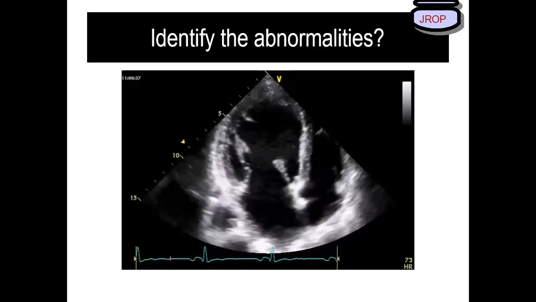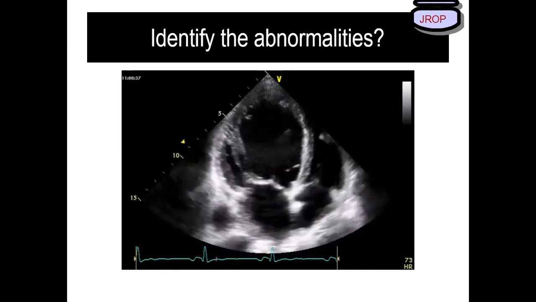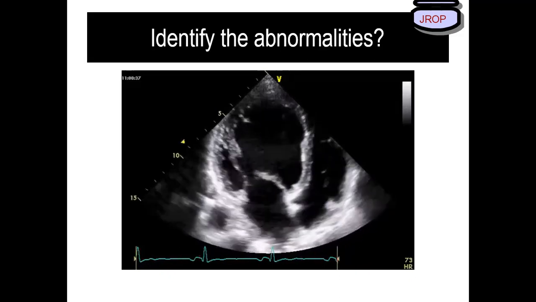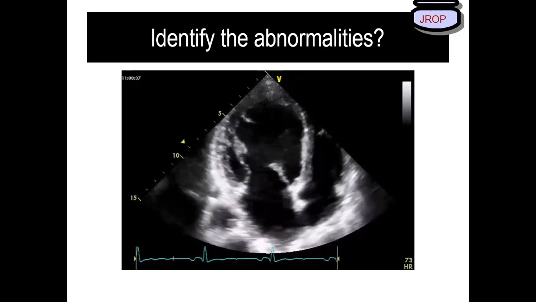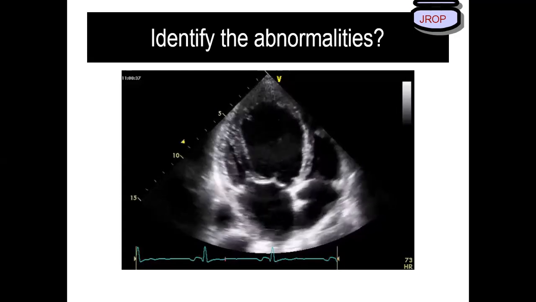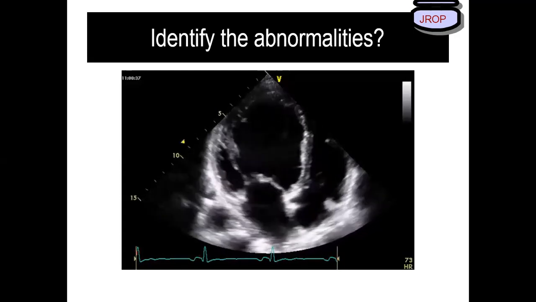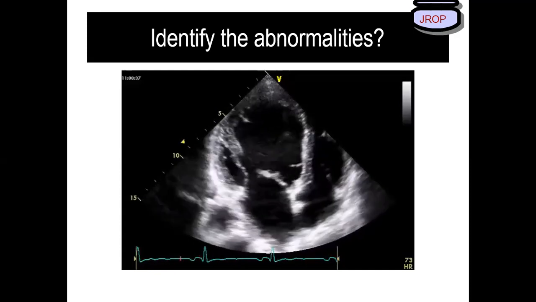Sir, here the LV is dilated and almost globular in shape. Dilated and globular, good. But what else do you see in this patient? Very classical thing is seen in this patient.